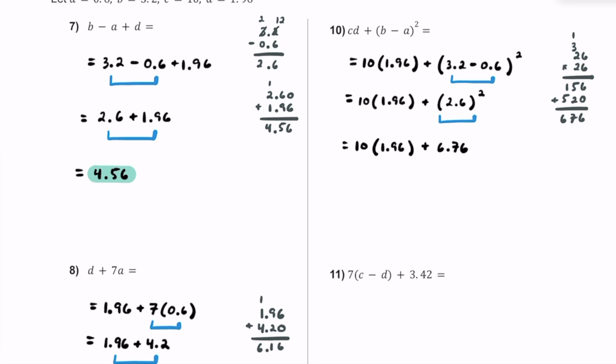All right, between multiplication and addition, let's take care of the multiplication here. So 10 times 1.96. If you just multiply by 10, we just really slide the decimal once to the right. So that's going to be 19.6. And we have plus the 6.76. Now be careful with this one. We do need to make sure we line up the decimals. So be careful with that. On the side here, 19.60.